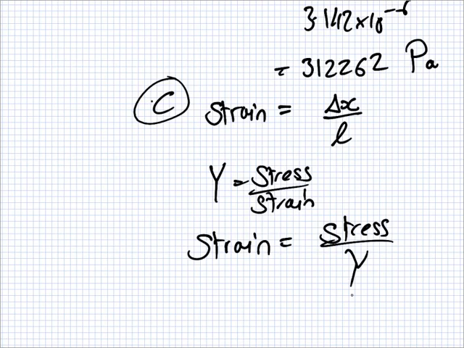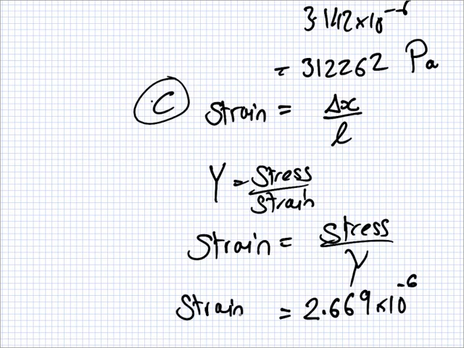Okay. So then this is 2.669 times 10 to the minus 6 is the strain. Because we know this and we know this now. What's the D part?